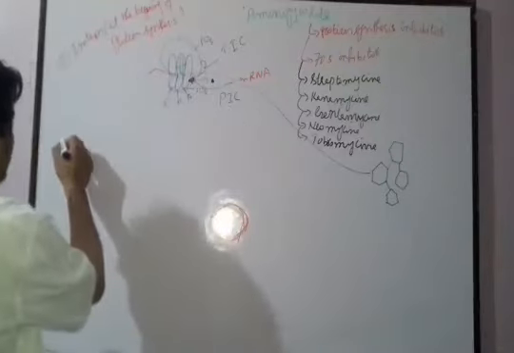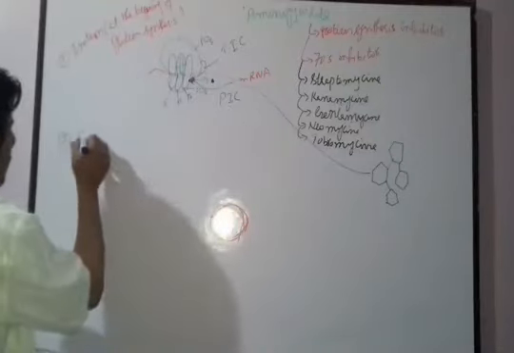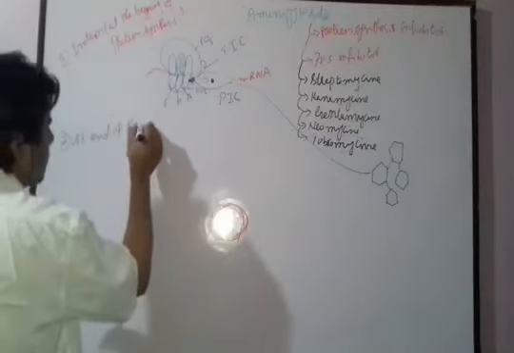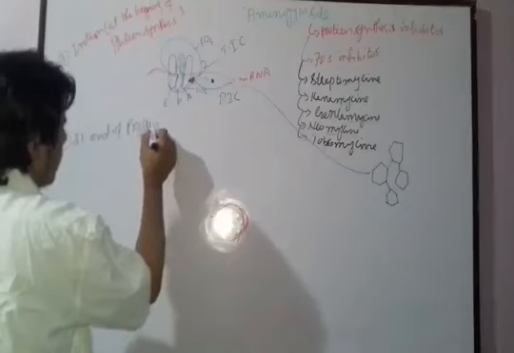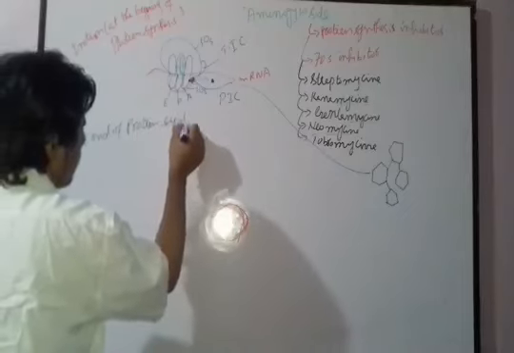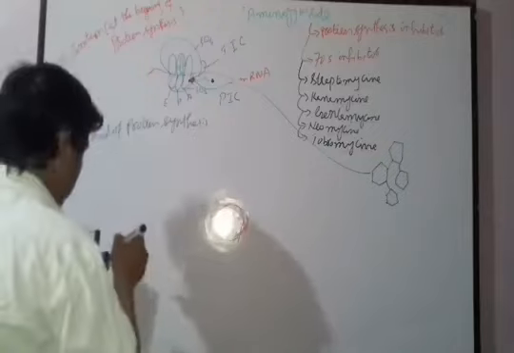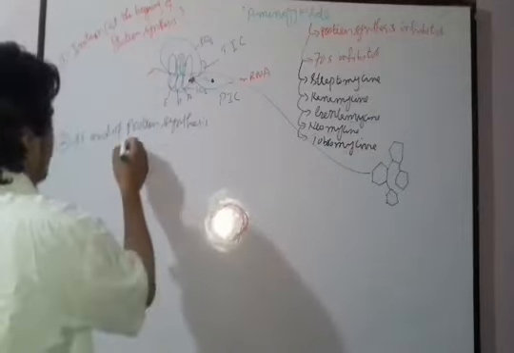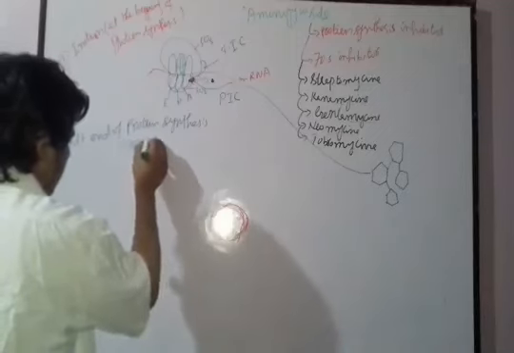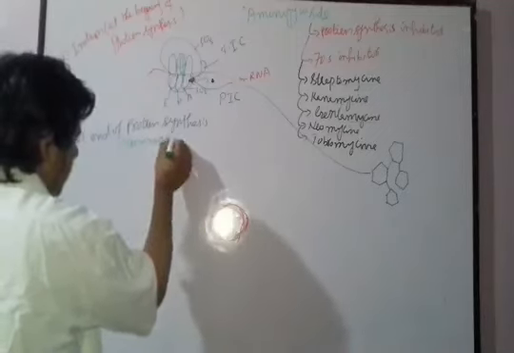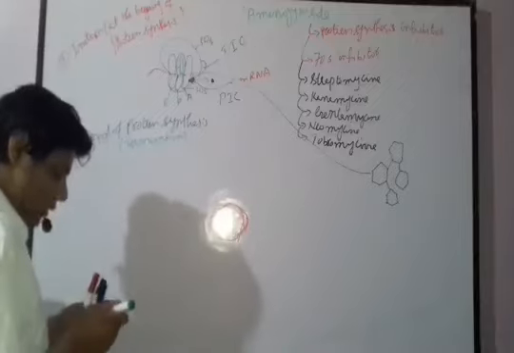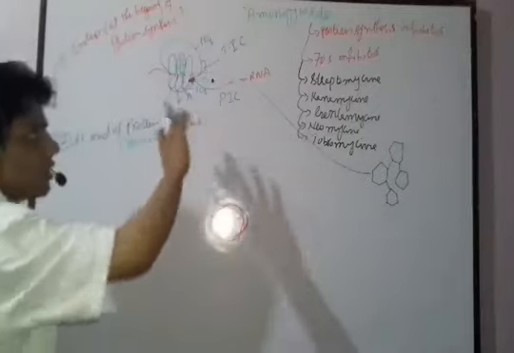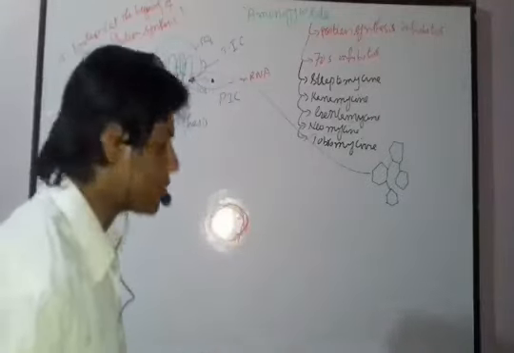So this is the second mode of action, meaning at the end of protein synthesis, or we can say termination. So in the termination stage, this aminoglycoside will show its mode of action.